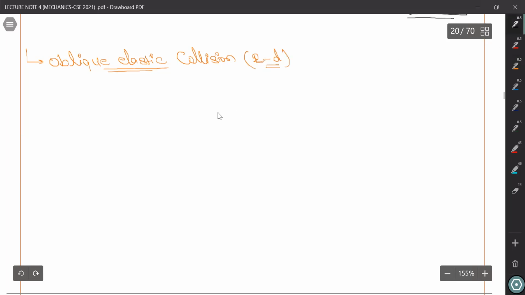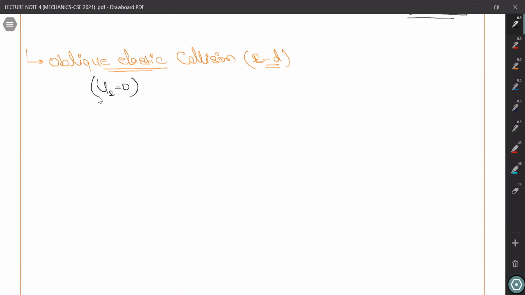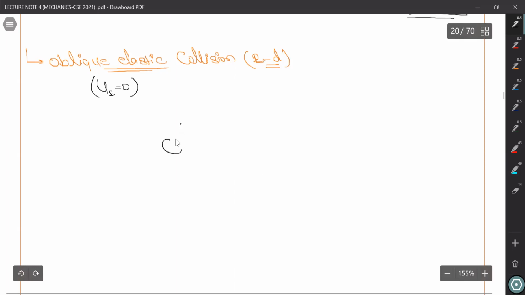So for simplicity, let's take u2 to be 0 here, because in 2D most of the cases a particle is at rest and some particle bombards on it. So let's suppose this is m2 and here is m1 and it's coming with u1.